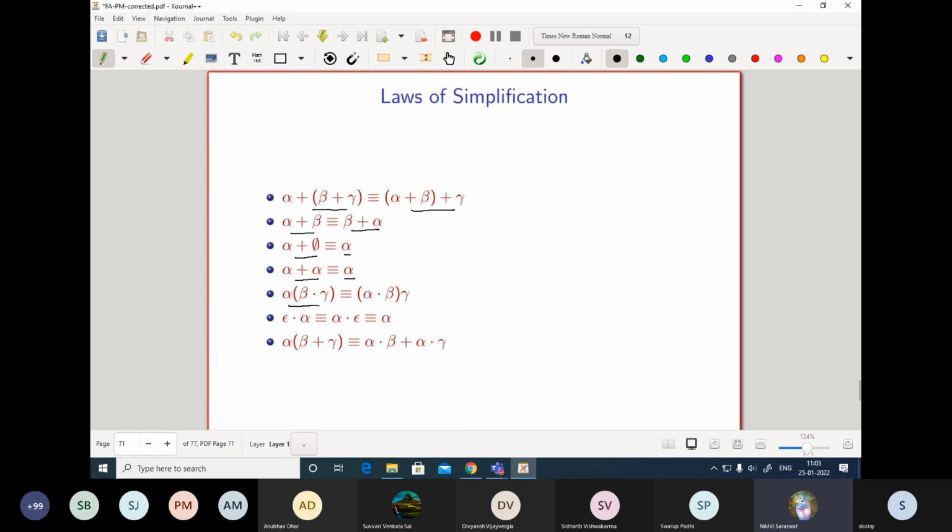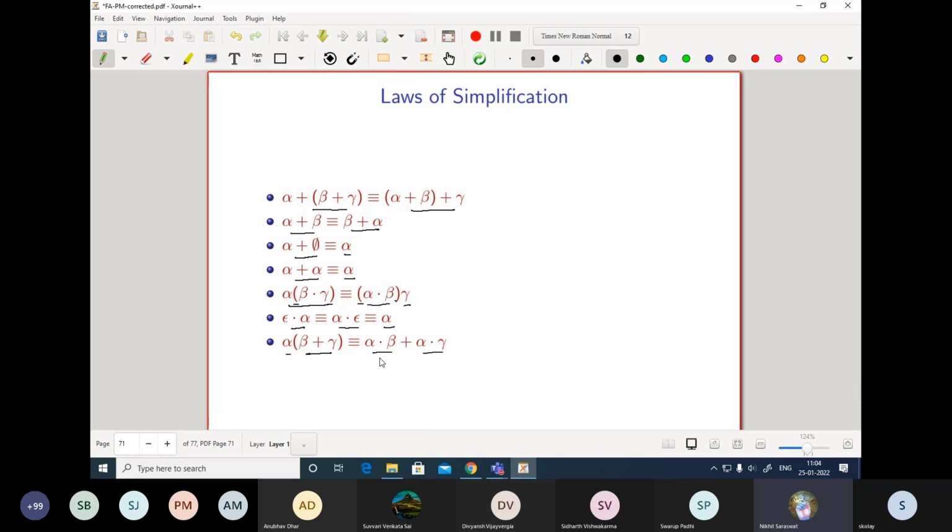Alpha concatenated with beta concatenated with gamma is the same as alpha concatenated with beta and then concatenated with gamma. So where these brackets are does not matter. Epsilon concatenated with alpha is equivalent to alpha concatenated with epsilon, equivalent to alpha itself. Check the language definitions. Alpha concatenated with beta plus gamma is alpha concatenated with beta plus alpha concatenated with gamma.